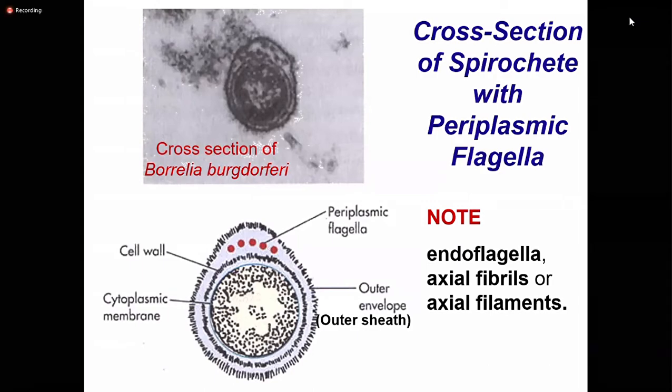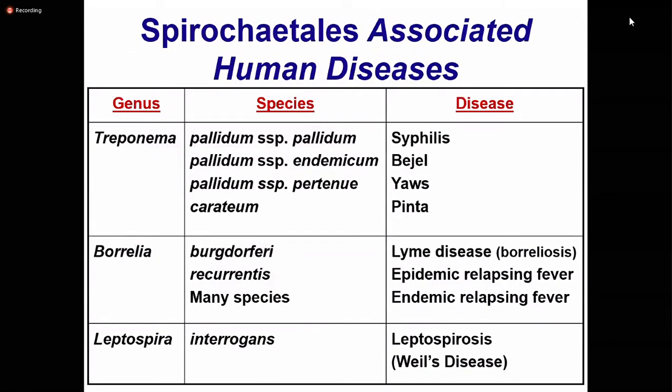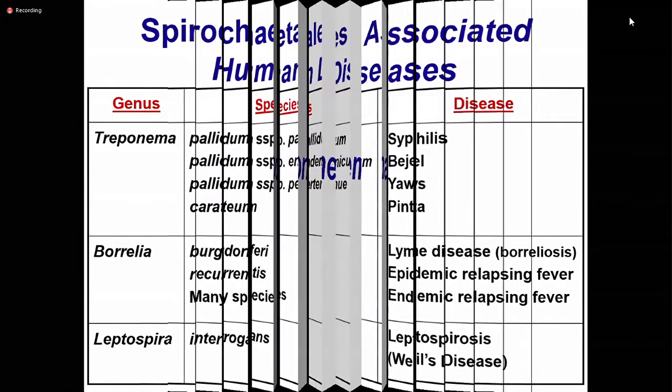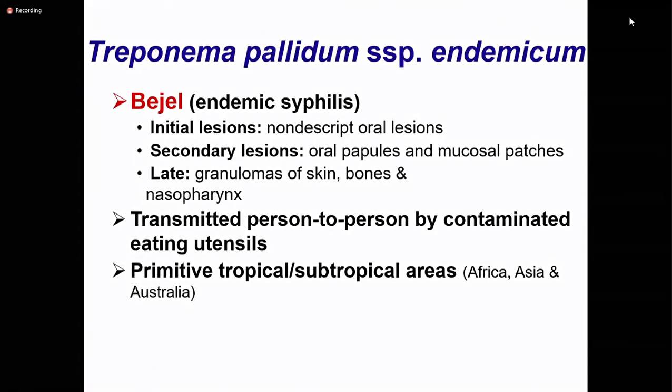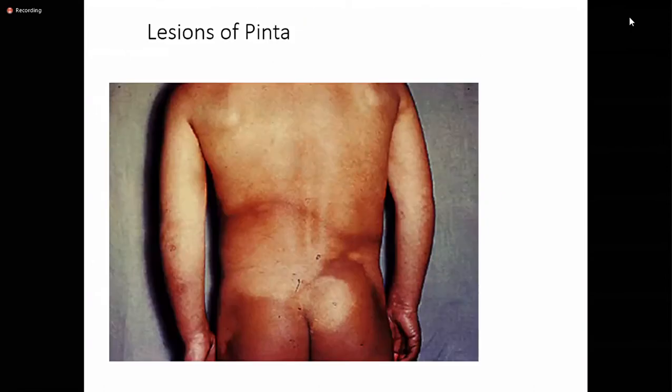You have to do serology for it. Unfortunately, it has a few genera and species, and each species causes a different disease. So we see syphilis, one of the sexually transmitted diseases. Bejel, yaws, and pinta can be transmitted by direct contact from person to person. Now, these are the three common organisms.